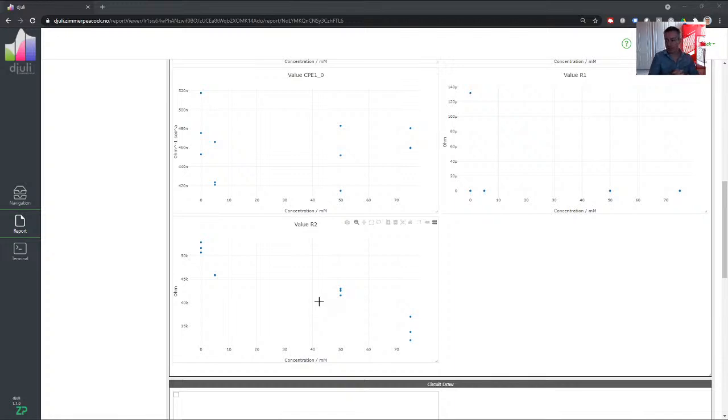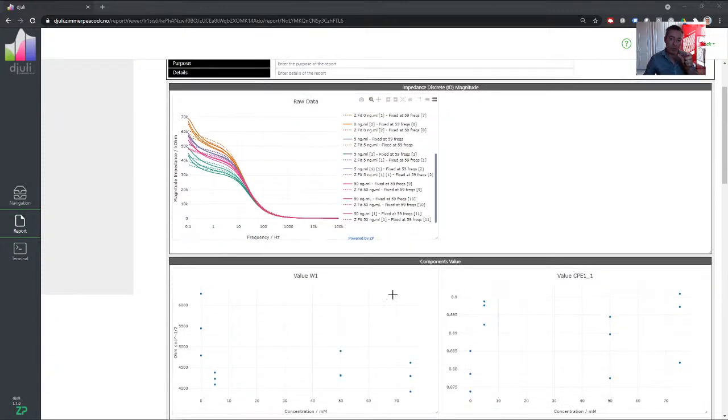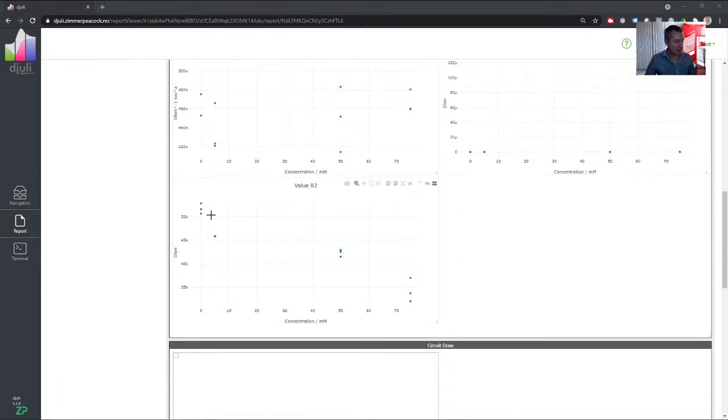So this, I think, is the only piece of software in the world where I've uploaded the EIS data and I can clearly see my signal versus frequency. But then I've coded in an equivalent circuit at the moment. It'd be nice when we can actually draw in the equivalent circuit, but it's extracted the R2 value as a function of concentration. So that's your signal versus concentration.